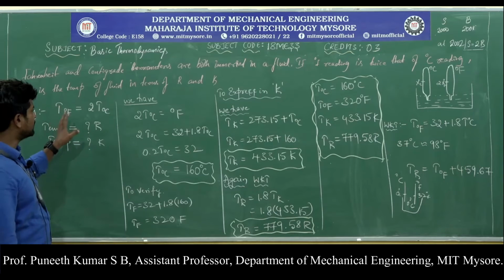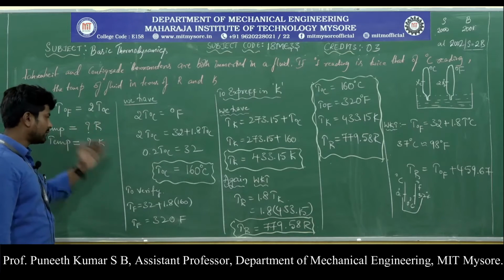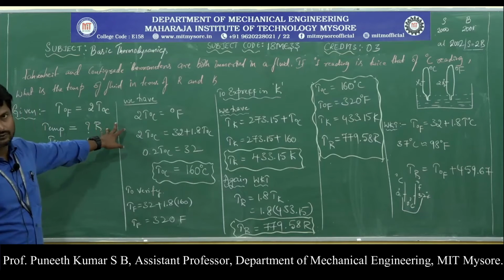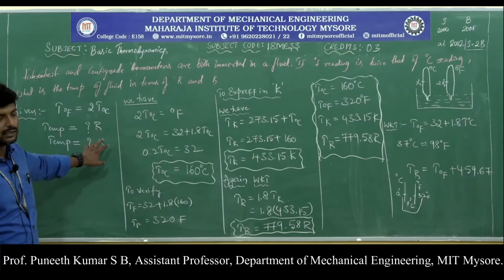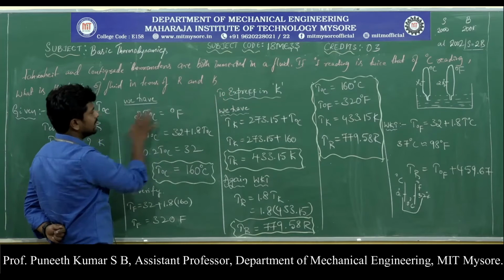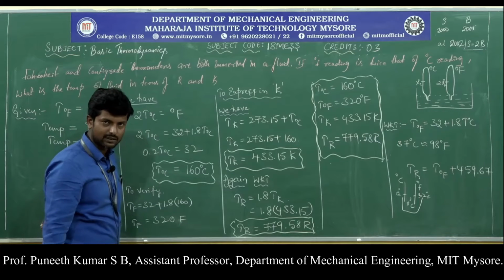So, we need to find out the temperature, and after finding the temperature, I also need to express it in terms of Rankine and also in terms of Kelvin. Now, let me write the given condition in terms of mathematical representation.